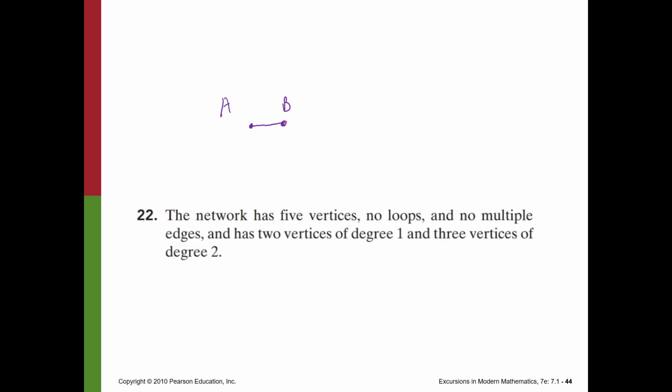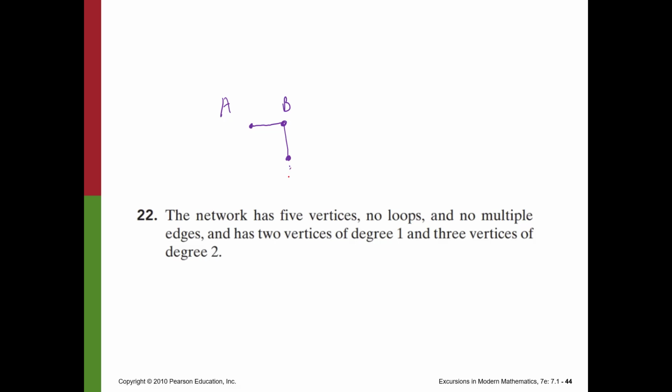So B cannot have degree 1, because then these would be our 2 vertices with degree 1, and they would have no connection to the others. So B has to have degree 2, and so it has to be connected to some other vertex.